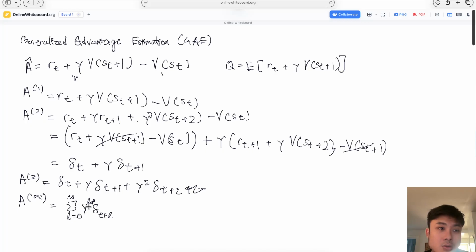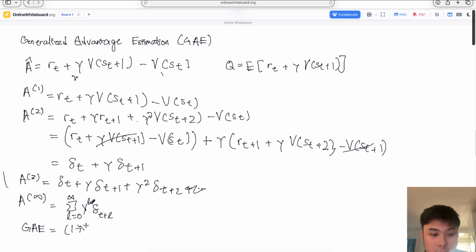And so what exactly is the generalized advantage estimate? How do we choose a good balance between bias and variance? It's hard to choose a single estimator. Do you take the one step, the two step? It turns out that you can actually just take all, which is the generalized advantage estimate. So for GAE, we just take all, and the way that we do this is through the weighted exponential average.